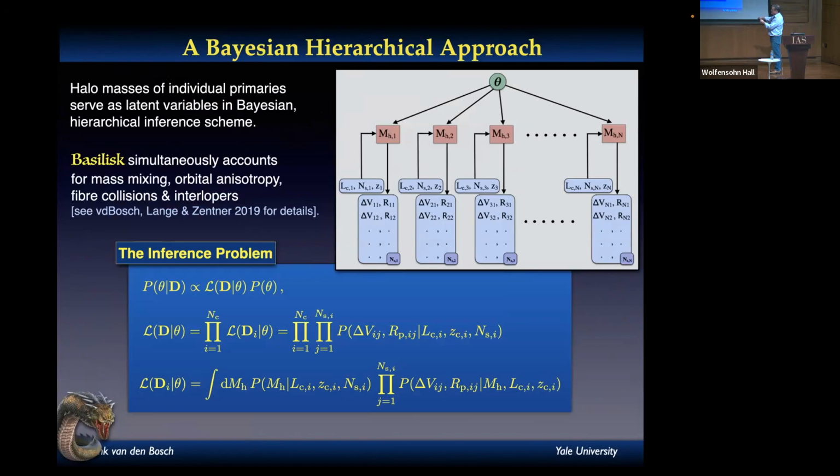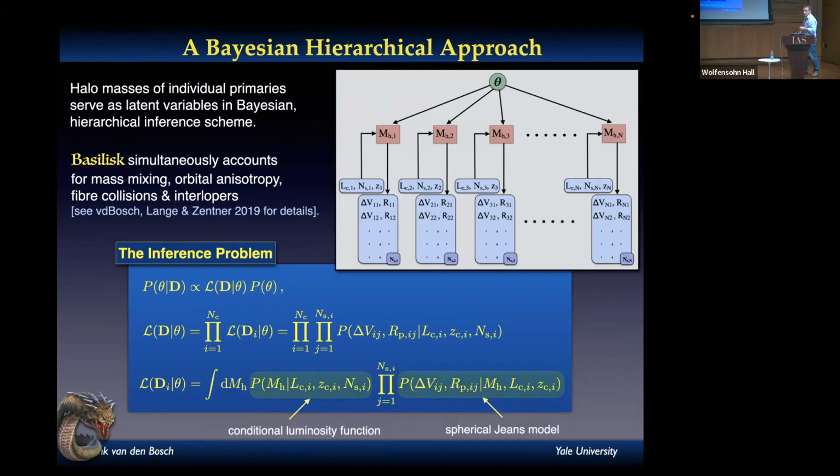So I have to marginalize over all possible halo masses. And once I know what its halo mass is, I can now calculate, using a Jeans model, the probability that I have this velocity and this projected separation. And this here is where your conditional luminosity function goes in. If you have your conditional luminosity function, you can compute this probability, which we do, and then we can integrate it over halo mass.